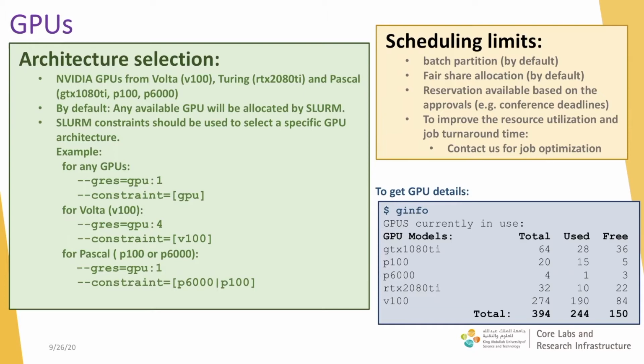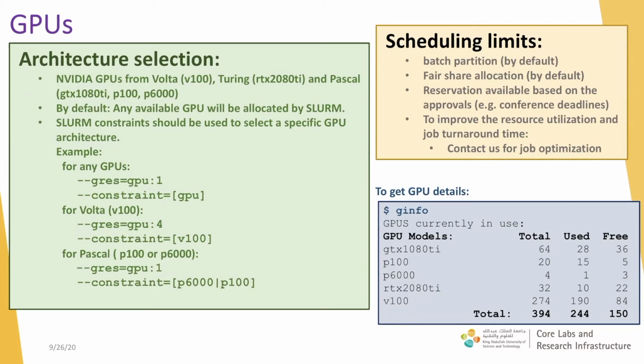In case your project requirement or experimental case needs a specific GPU architecture, you need to select two options together to get a specific GPU. Example 1: the GRES option tells us how many GPUs you are looking for your job to run. The second, constraint, specifies the GPU architecture.